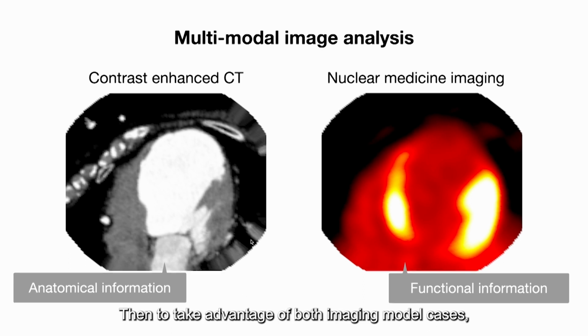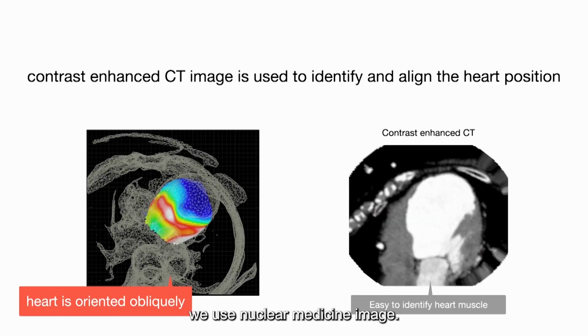Then, to take advantage of both imaging modalities, multi-modal image analysis using contrast-enhanced CT and nuclear medicine imaging is performed. In detail, to identify the outline of the heart, we use a contrast-enhanced CT image which has anatomical information. And to evaluate the heart muscle function, we use the nuclear medicine image.